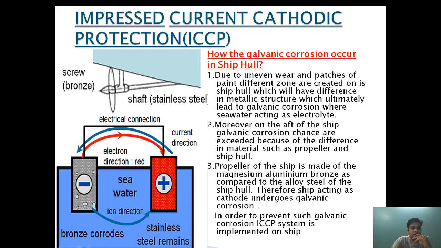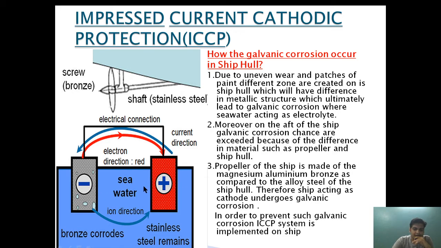As you can see, compared to the bronze, the stainless steel has a high oxidation potential, and hence the stainless steel will act as an anode, and this screw bronze will act as a cathode, and therefore hull corrosion will occur. So as you can see, this is stainless steel, this is the bronze.